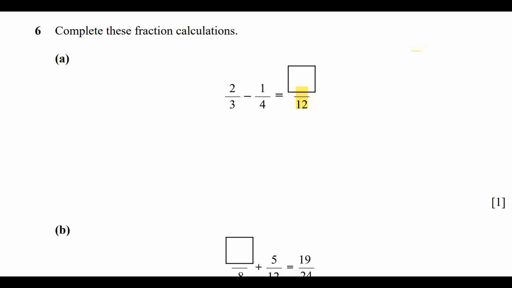It means we times this with 4 to get 12, because 3 times 4 is 12, and 4 times 3 to get 12. So 2 times 4 is 8 over 12, minus 1 times 3 is 3 over 12, and 8 minus 3 will get 5 over 12. So the answer is 5 in here.